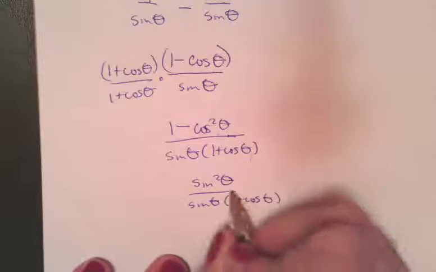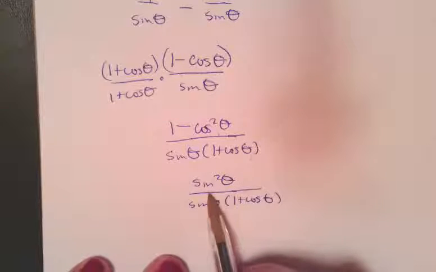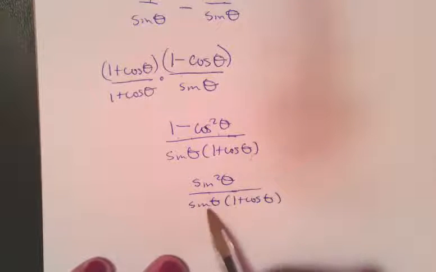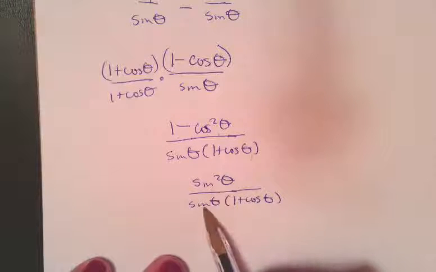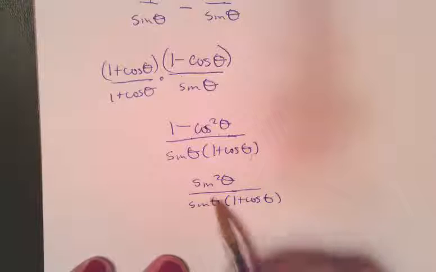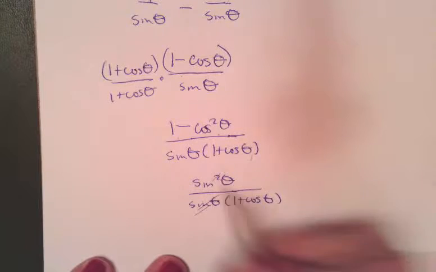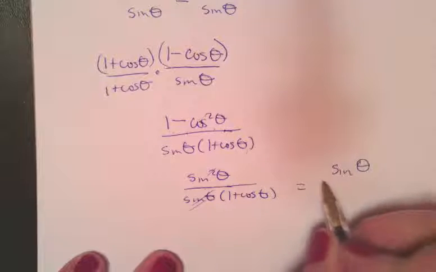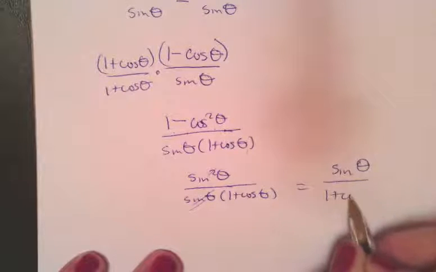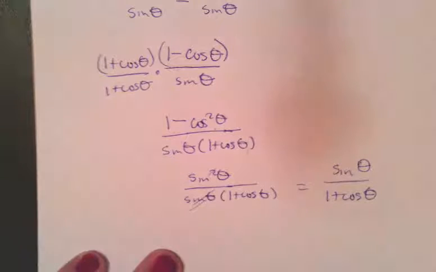I'm replacing 1 minus cosine squared with sine squared. And then I see that I have a sine squared on top and a sine in the denominator. So one of those sines will cancel out. So I'm going to be left with the sine of theta in the numerator and 1 plus the cosine of theta in the denominator. And that's where I was trying to get to, remember.